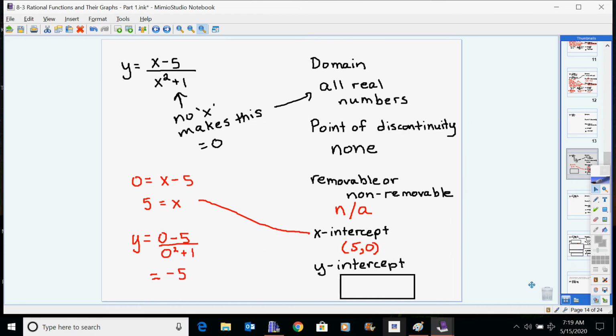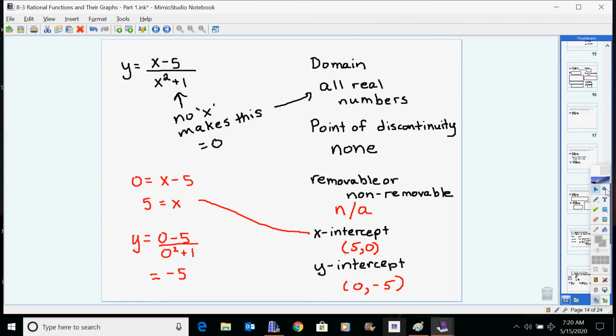There they are: 0 minus 5 over 0 squared plus 1, negative 5 over 1, which is negative 5. And there's your y-intercept. So it's nice and easy to find all of these, especially when you've got all real numbers. But we always have to look at this: x squared plus 1 is also not factorable. There's nothing that cancels out. All right, let's hit another one.